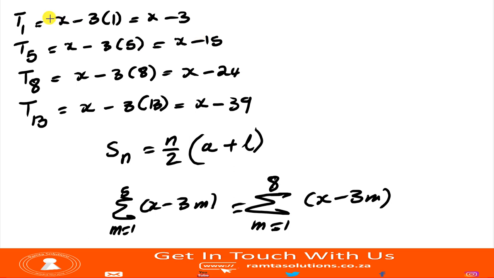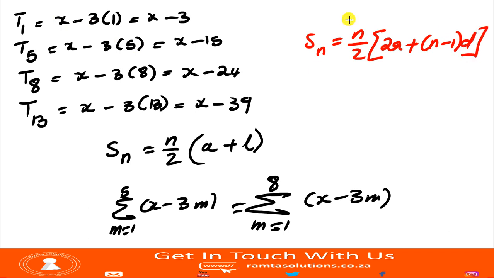But even if you had found term 1, term 2, term 3, it was still going to be okay, because you would use the formula that says sum of n terms equals n over 2 into 2a plus n minus 1 times d. Even that one was going to work.